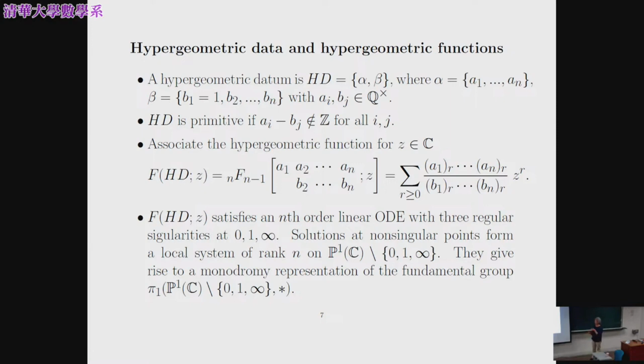From the data, we have the hypergeometric function, and we have a local system of rank n on P1C minus 3 points, and there's a monodromy representation of the fundamental group. So next, we look at the algebraic story or arithmetic story.